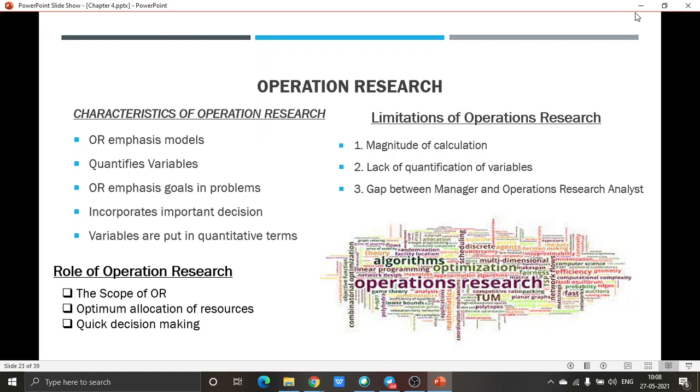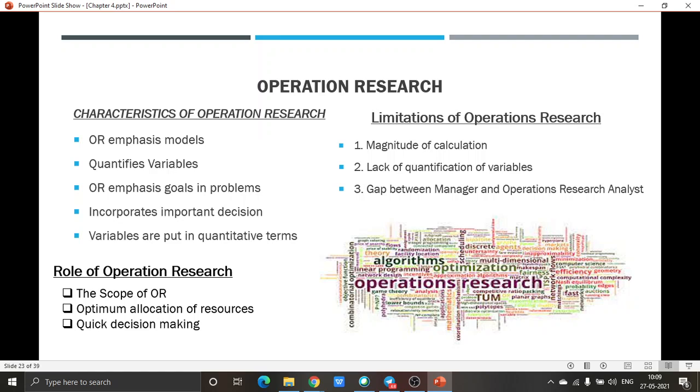And the last one is the gap between manager and operations research analyst. So what does this mean? When we implement operation research in an organization, sometimes a practical problem comes in the way, because there exists a gap between the manager and the OR analyst.